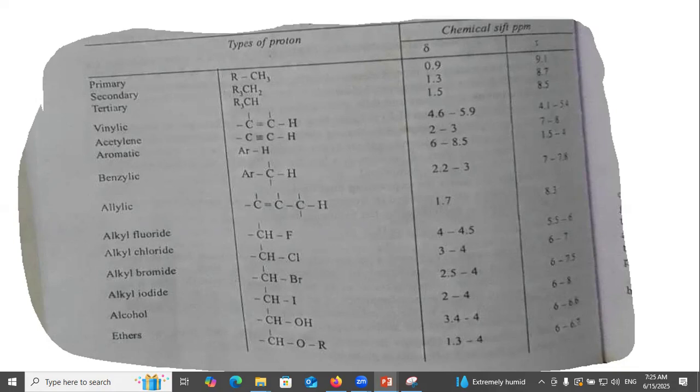2 to 3, aromatic 6 to 8.5, benzylic 2.2 to 3, allylic 1.7, alkyl fluoride 4 to 4.5, alkyl chloride 3 to 4, alkyl bromide 2.5 to 4, alkyl iodide 2 to 4, alcohol 3.4 to 4, ethers 1.3 to 4.